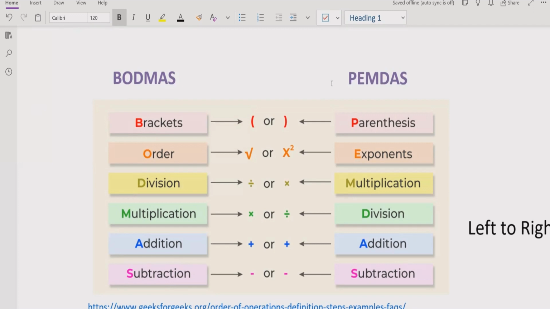If division is coming first, you solve that part first, and if multiplication is coming first, you solve that first. Similarly, we have the same rule for addition and subtraction. After division and multiplication, we solve the addition and subtraction by the same rule. If addition is coming first, you solve addition, and if subtraction is coming first, you solve the subtraction first.